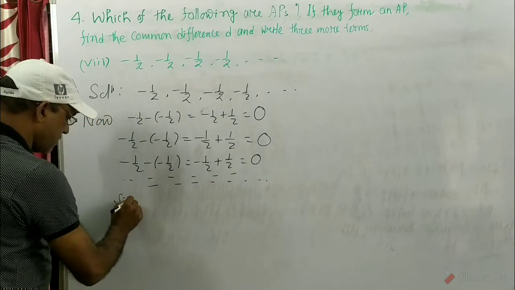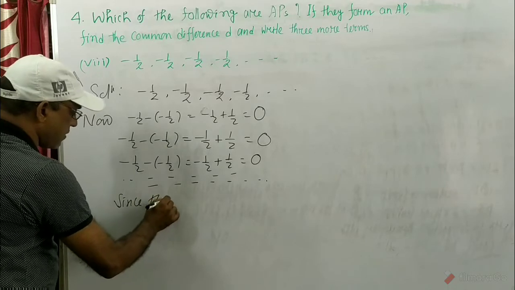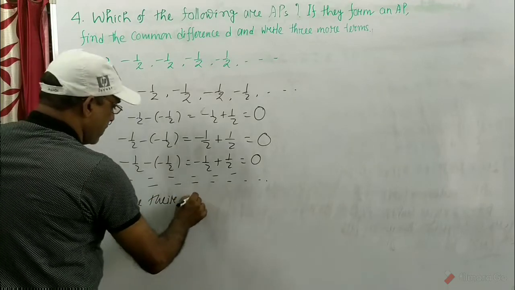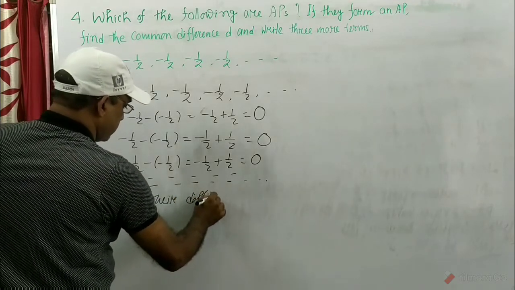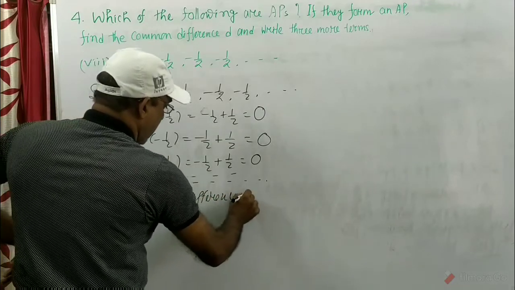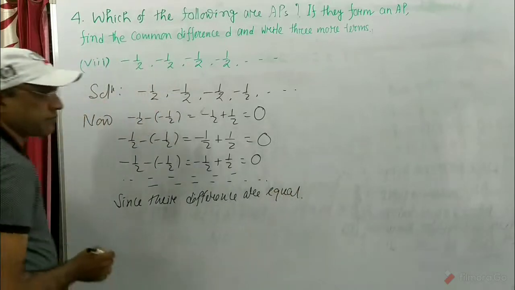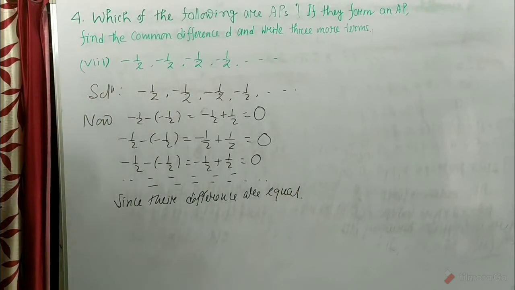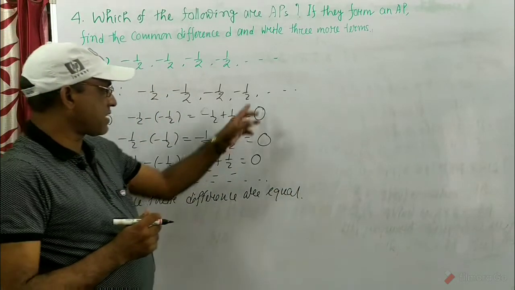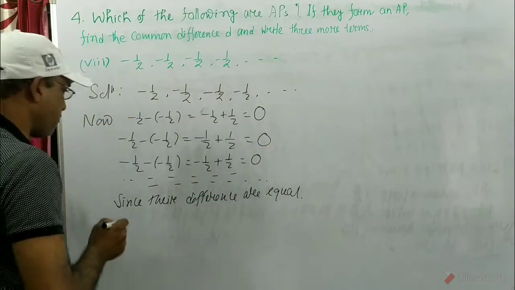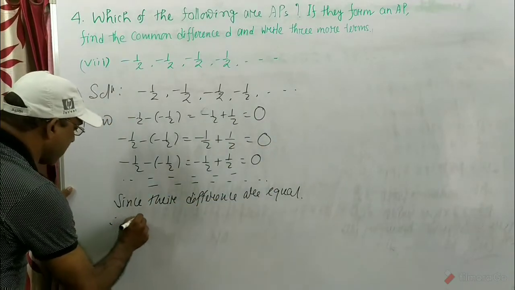Since their differences are equal, so since their differences are same 0, 0, 0, therefore the numbers are in AP.